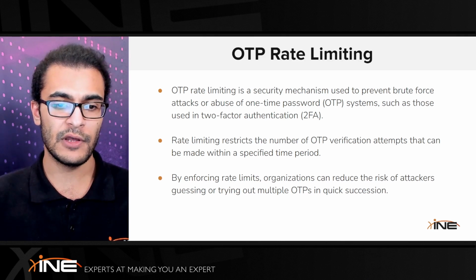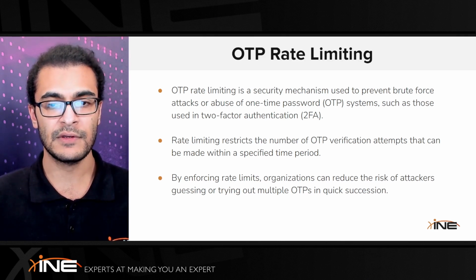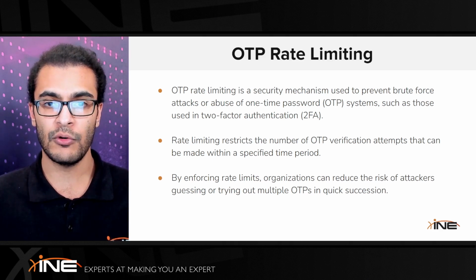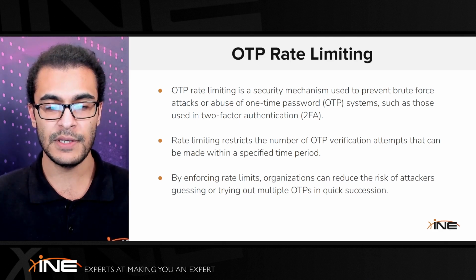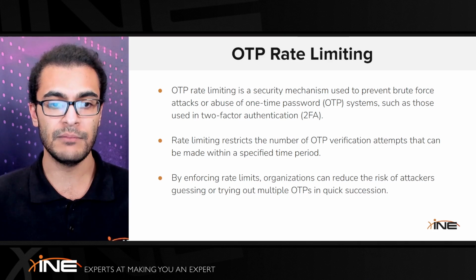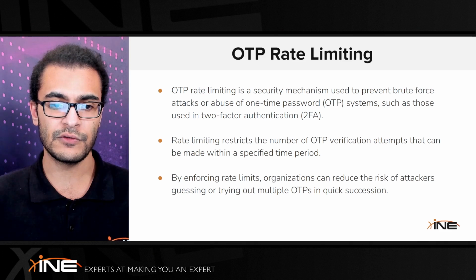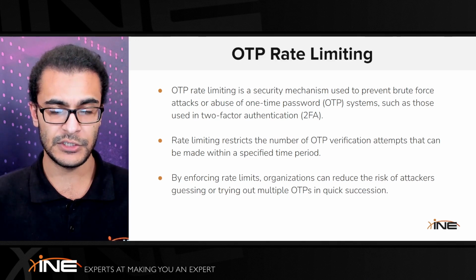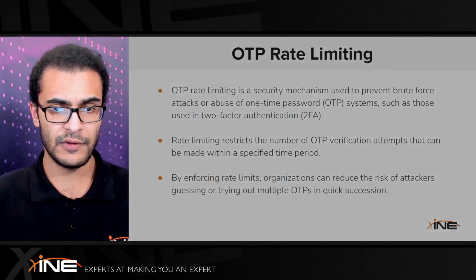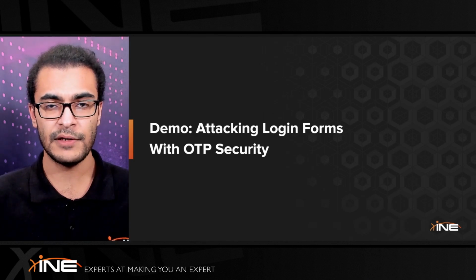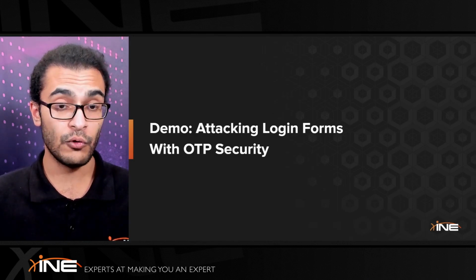So if the OTP code lasts for, let's say, 15 minutes, then the rate limiting should also complement that, in that it should prevent you from obtaining a valid OTP through a brute force attack in 15 minutes. So by enforcing rate limits, organizations can reduce the risk of attackers guessing or trying out multiple OTPs in quick succession.